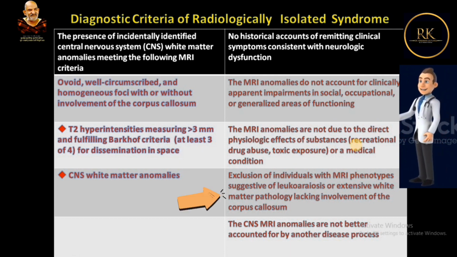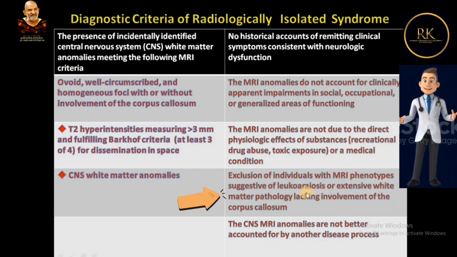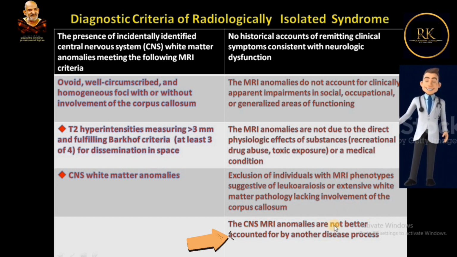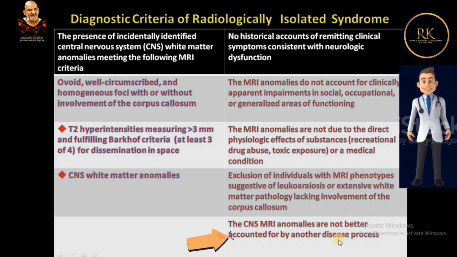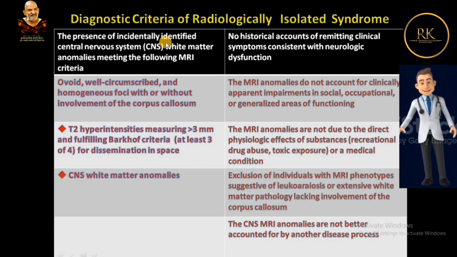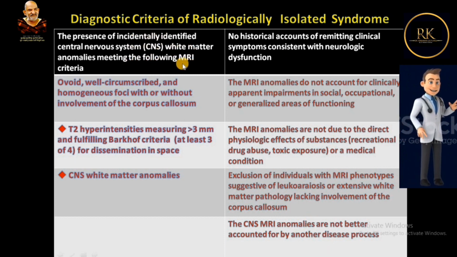Exclusion of individuals with an MRI phenotype suggestive of leukoaraiosis or extensive white matter pathologies lacking involvement of the corpus callosum, or CNS MRI anomalies not better accounted for by other disease processes. So, this is the diagnostic criteria for radiologically isolated syndrome: presence of incidentally identified CNS white matter lesions and no historical account of remitting clinical symptoms consistent with neurological dysfunction.